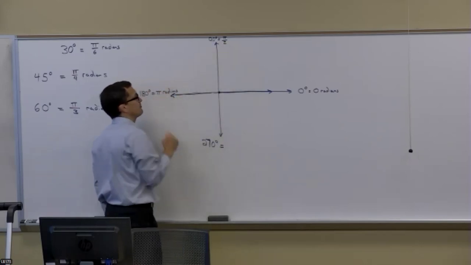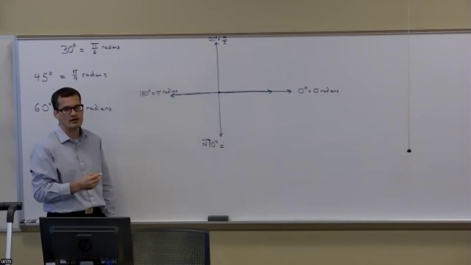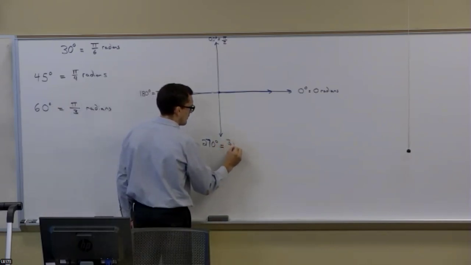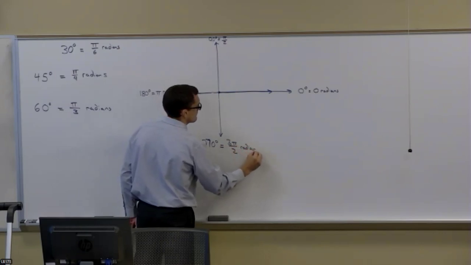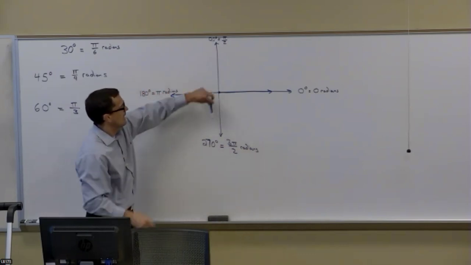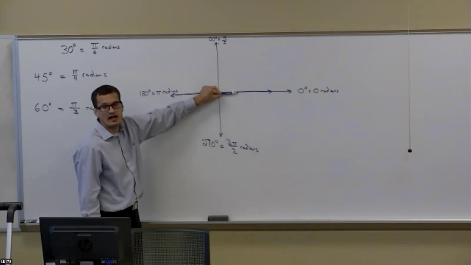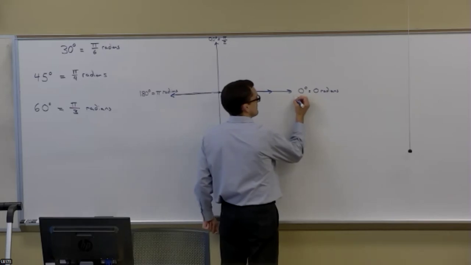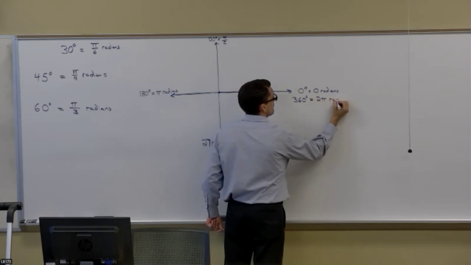Pi over 2 plus pi is 3 pi over 2. Or I'm thinking of 1.5 pi's. So 3 pi over 2 radians. And then if I continue my rotation, I get back to my starting line, which would be 360 degrees, or 2 pi radians.